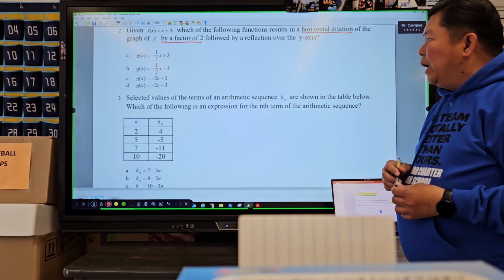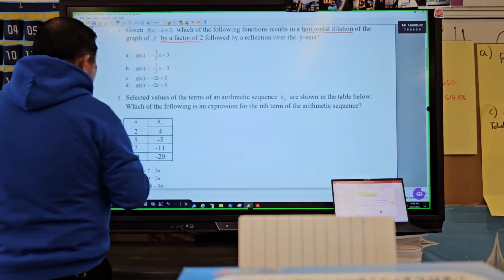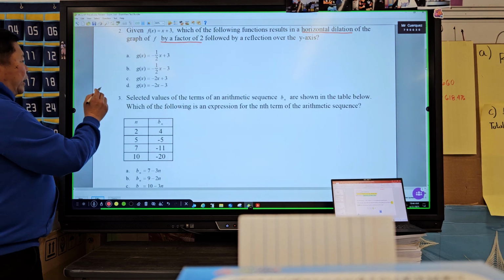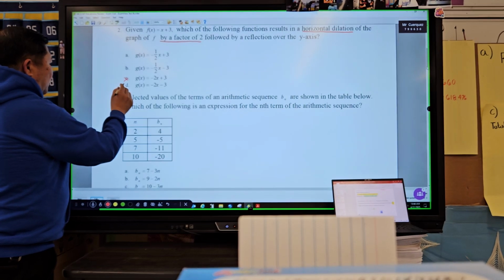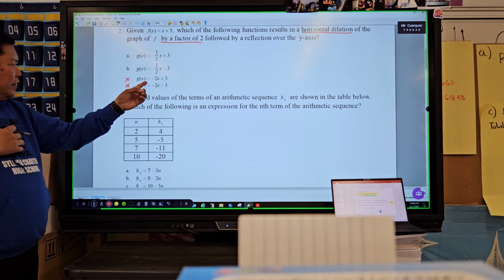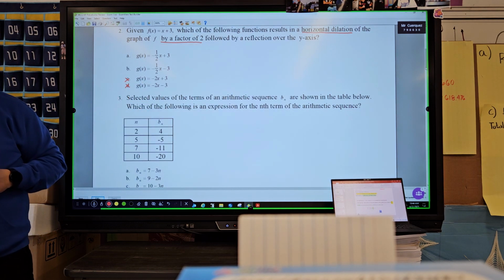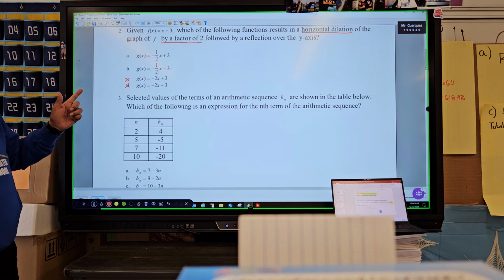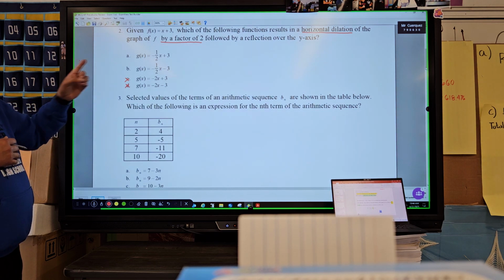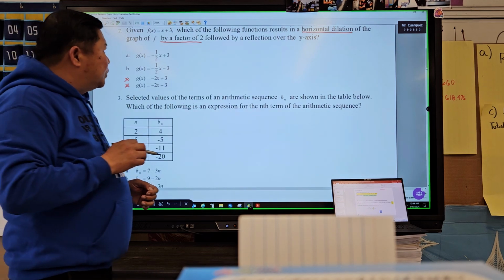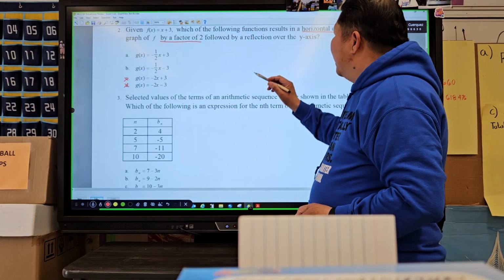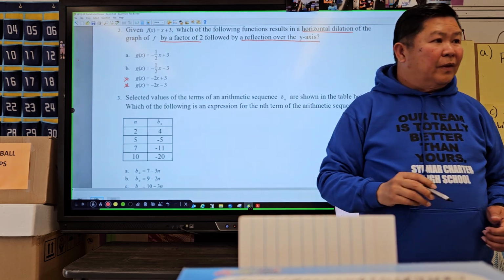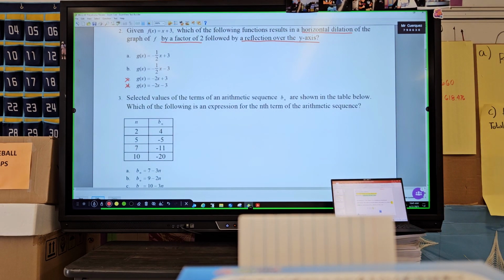Okay. Now that means if it is 1/2, test taking strategy, guys. We're gonna knock this out. Why? Because this is just -2. It's not 1/2, right? Not -1/2. So what are the possible candidates? A and B. Okay, next, word to highlight, by a reflection over the y-axis. Reflection. What is reflection?